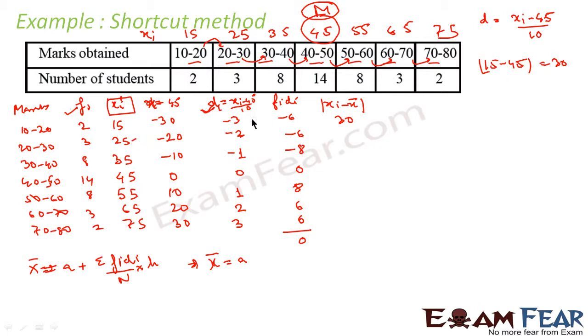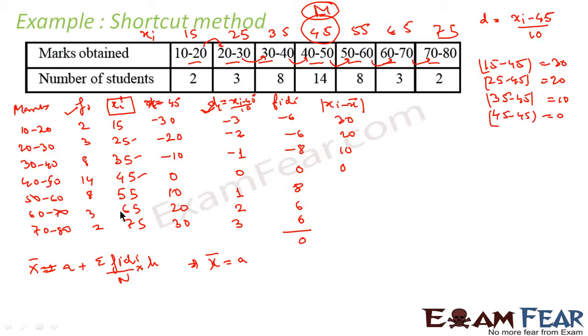Next is 25. So 25 minus 45 mod will be 20. This guy is 20. Similarly, next value is 35. So 35 minus 45 mod will come out to be 10. This guy is 10. Next guy is 45. 45 minus 45 mod comes out to be 0.